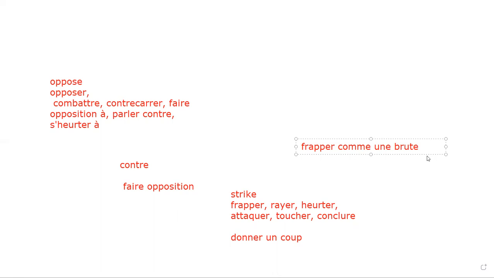C'est-à-dire, in English we have slug. Is it clear to you? Frapper comme un brute is something like counter. Is it clear to you, team? Frapper comme un brute. Repeat after me, please. Frapper comme un brute. Is it clear to you, team?